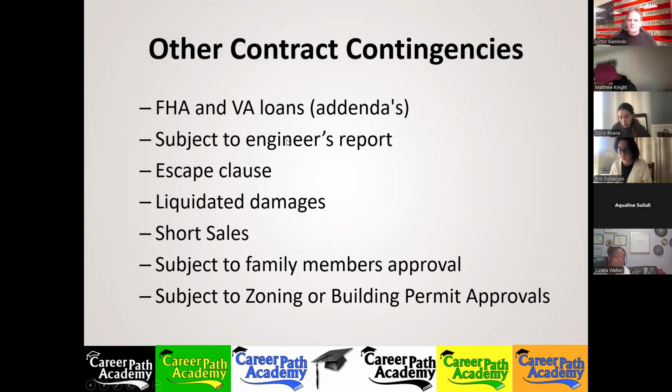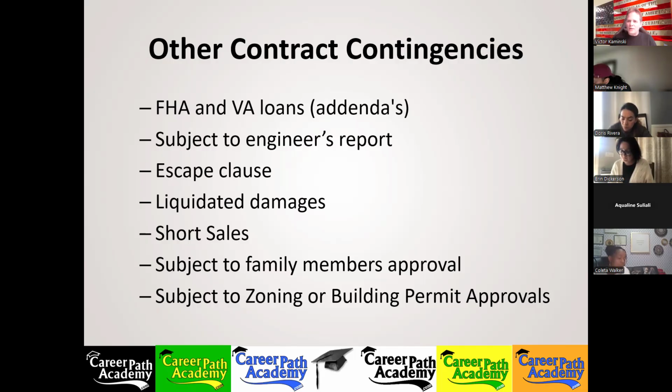It could be the purchase is subject to an engineer's report, or an escape clause. An escape clause is added to a contract when a buyer says the purchase is subject to the sale of my current home. If the seller agrees to those terms, they could insist on adding an escape clause, also known as a kick-out or knockout clause, that says, okay, we'll agree to those terms.